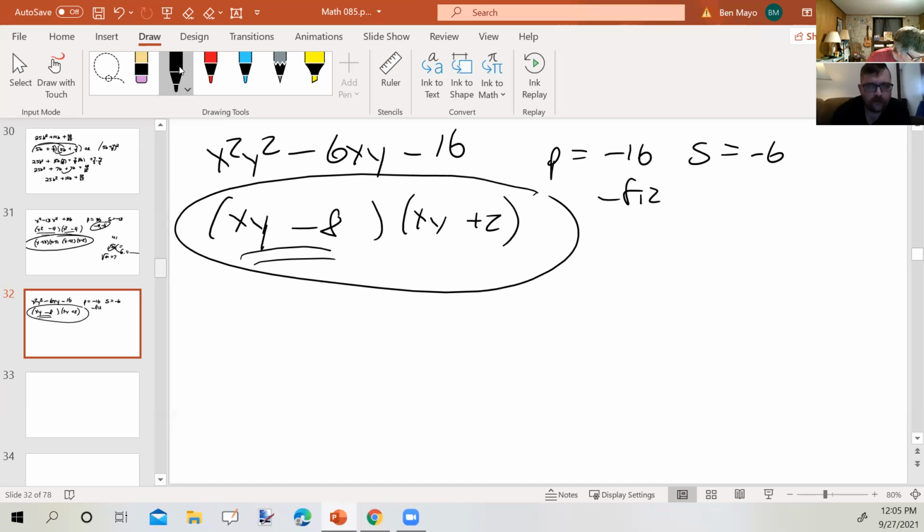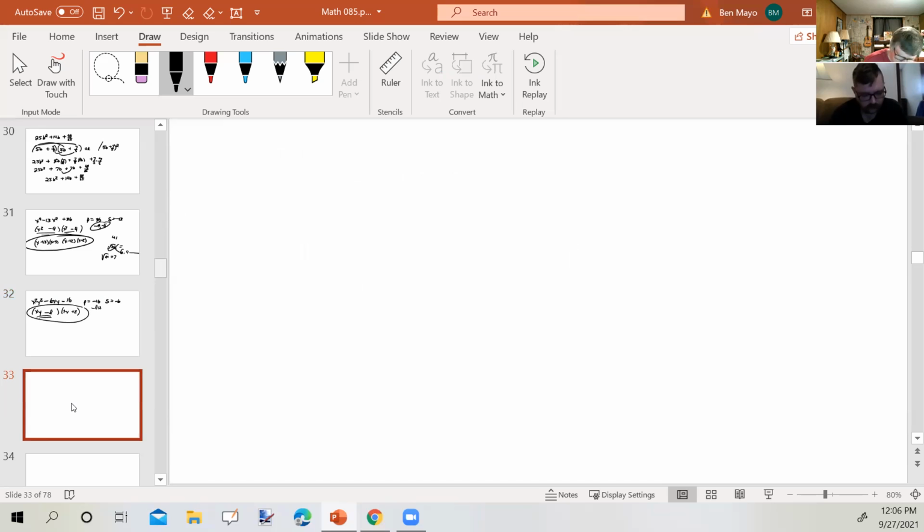Let's see here. How about this one? X to the 4th minus 2x squared minus 8. This is a trinomial. It's in standard form. There's no greatest common factor.